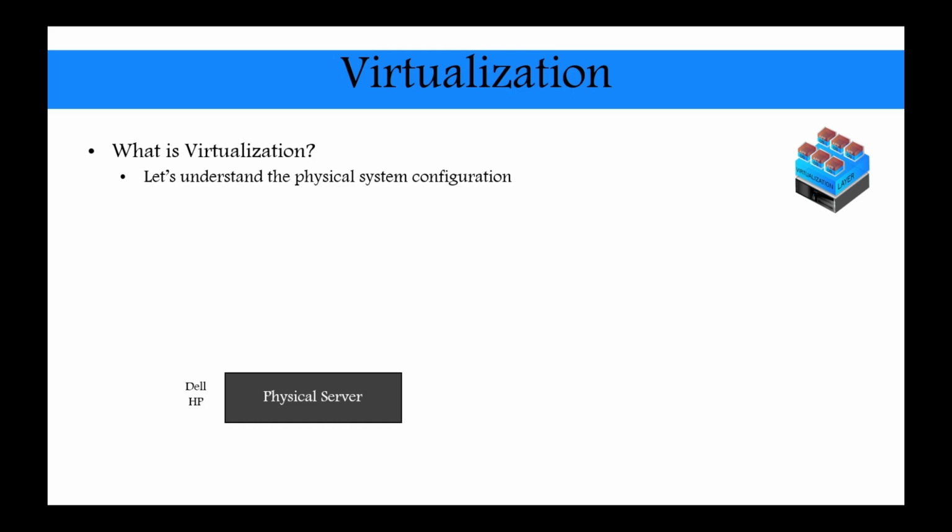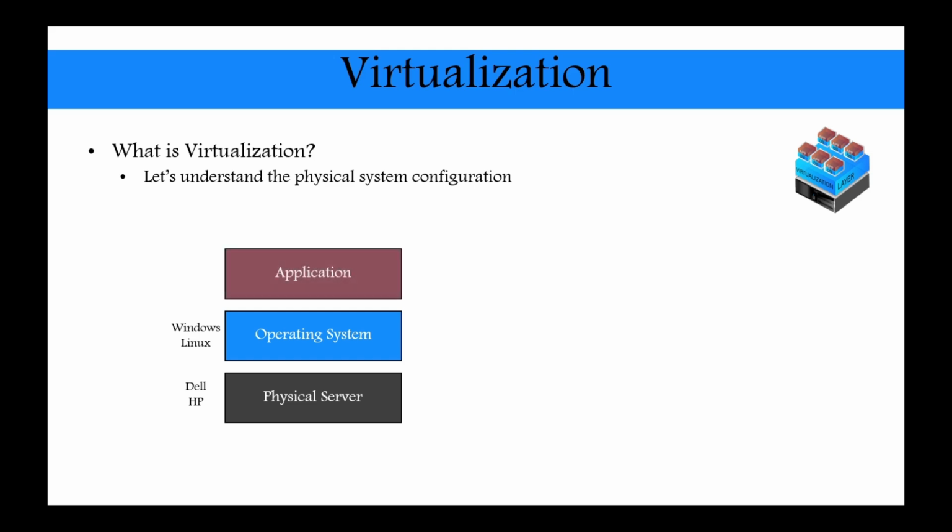On that physical server, what do you do when you get that physical server? You actually install an operating system on top of it. And that operating system could be Windows, could be Linux, or any operating system of your choice, right? Then on top of that operating system, you run your applications. Those applications are, for example, Excel, Word in the Windows world.